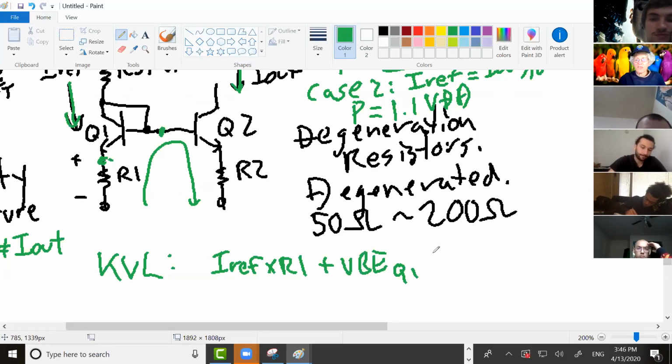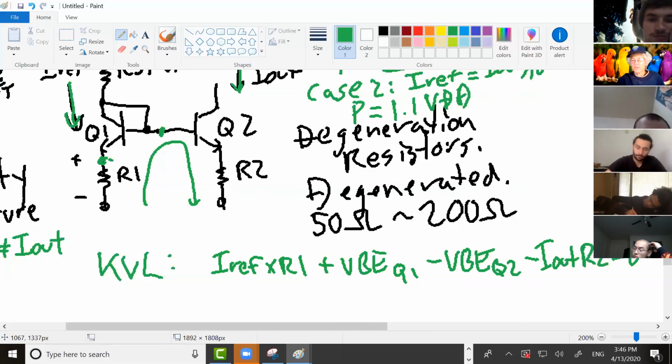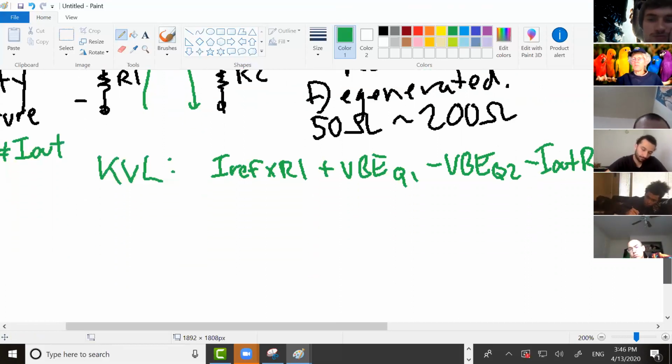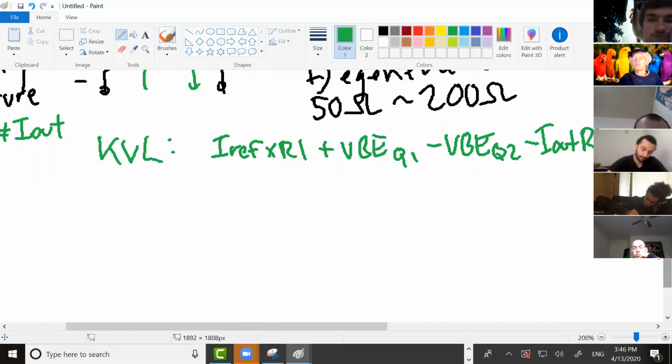So we go down the VBE of Q2. And then we have to go down the voltage on R2. And what's that? I out R2. And that all equals 0. Okay, so far we've just been approximating VBE as VBE on, but if you do that here, then these two terms just cancel out.